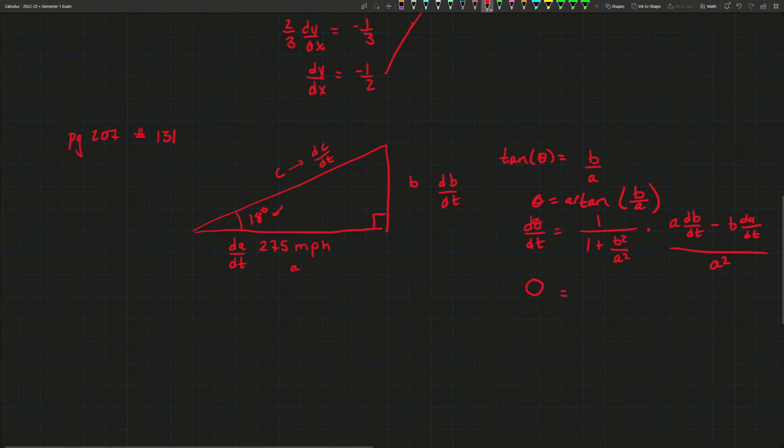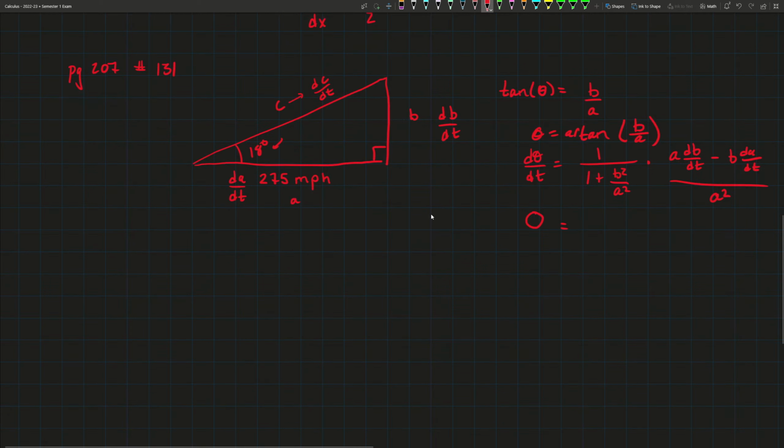So you don't really have to do what I just said, but I'm going to run through the logic. We would plug in b and a and dB/dt and solve for dA/dt, and then solve for dB/dt. The great thing is you don't really need that. This is just a right triangle problem.